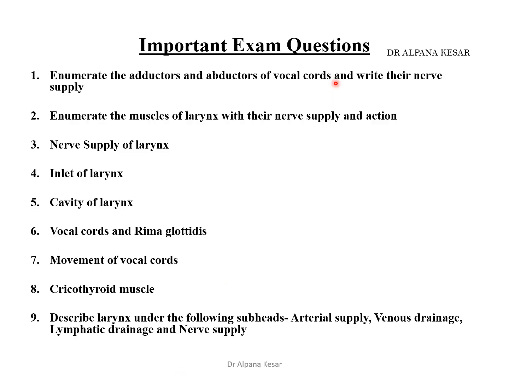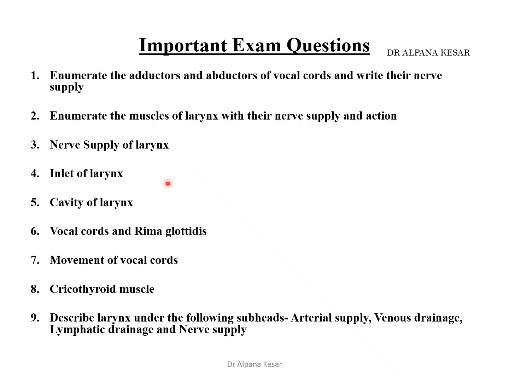Questions that may be asked from the topic larynx in the exam include: enumerate the adductors and abductors of vocal cords and write their nerve supply. Enumerate the muscles of larynx with their nerve supply and action. Nerve supply of larynx, in which both sensory and motor nerve supply must be written.